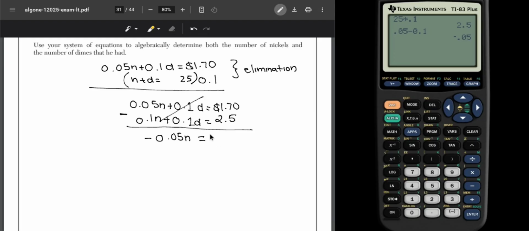And I'm going to set that equal to 1.7 minus 2.5, and I'm going to get negative 0.8.